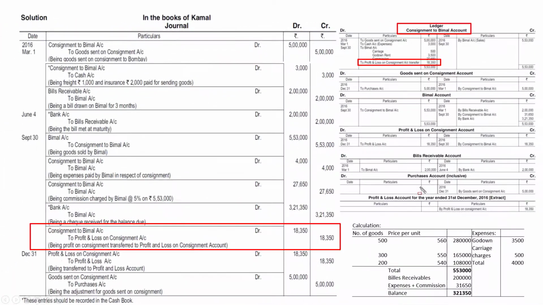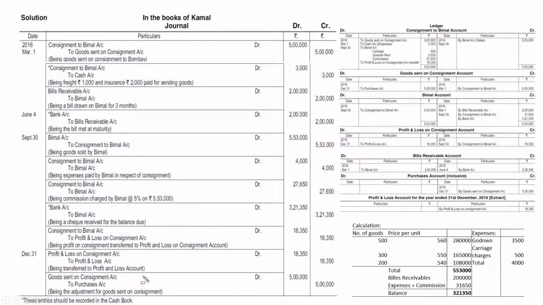And the profit and loss on consignment account will also be credited by consignment to Bimol account, that is 18,350 rupees.